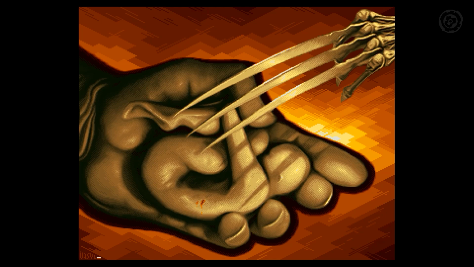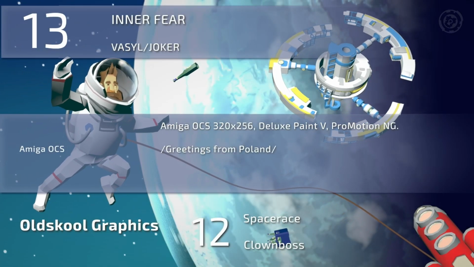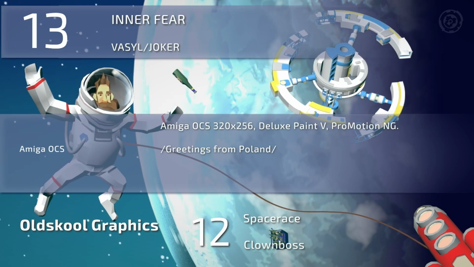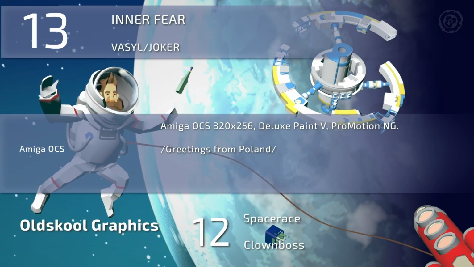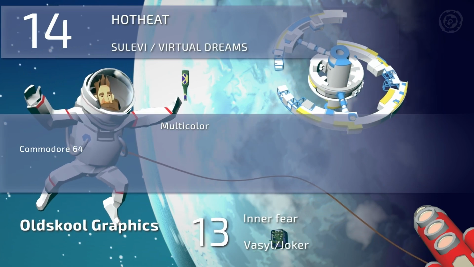So this is macro and micro, and I can't really describe this. I also like the way that the background is big blocks of irregular diamonds. I like all the techniques that are used in this that are juxtaposed against each other. I like that picture, and also the color palette choice. Yeah. Deluxe Paint 5, the old classic there, and with promotion also, which I think is now free.